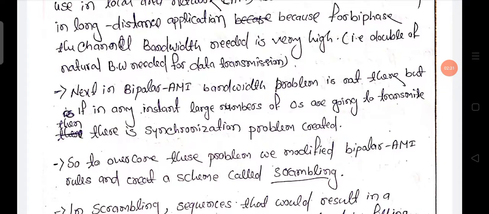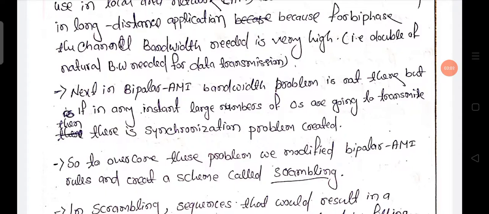In bipolar AMI, for a binary zero we encode a zero voltage which is constant, and for binary one the voltage level alternates between positive voltage and negative voltage.